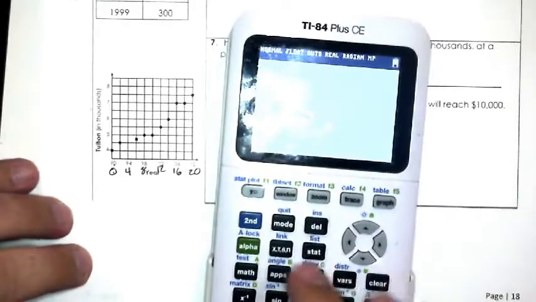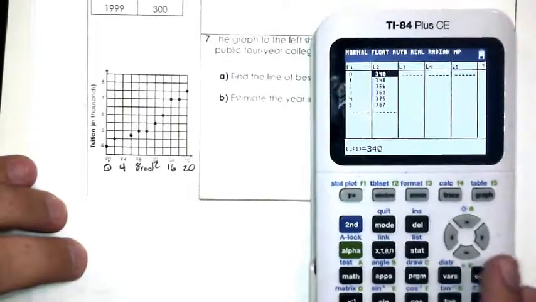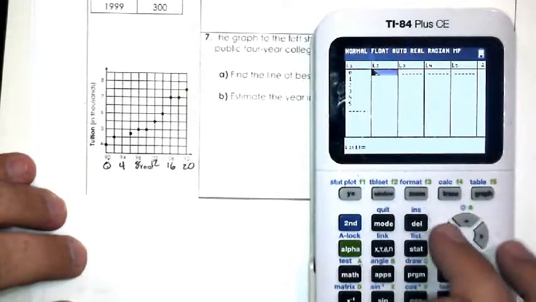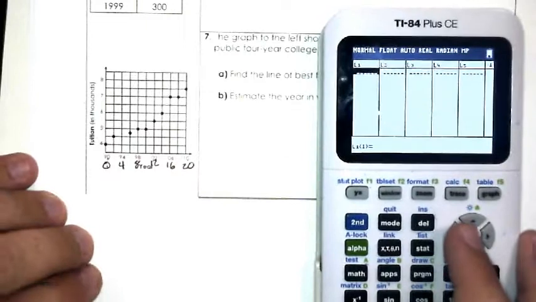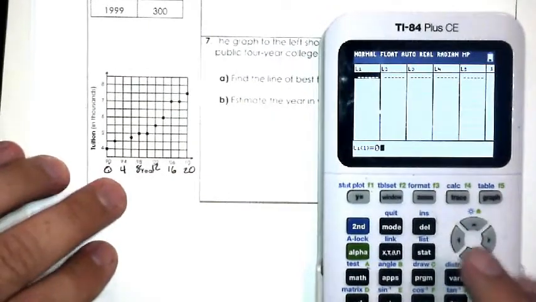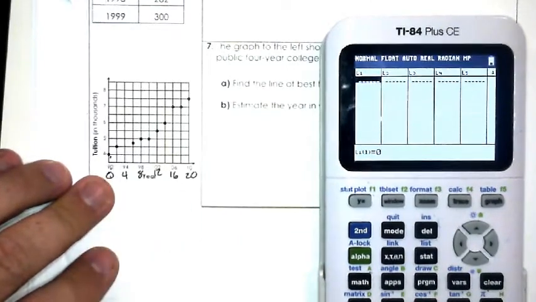Year 0, 1990. Then I have what? 4,000, right? Okay. Well, y'all are smart. I have another dot, but it's in between 90 and 94. What year is that?